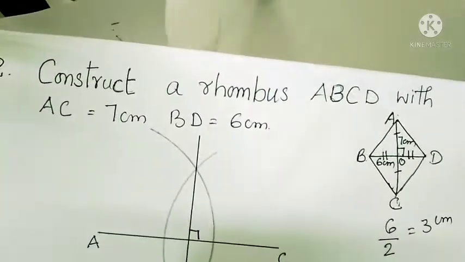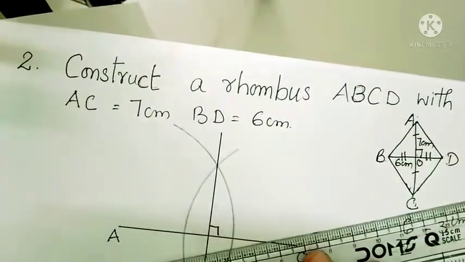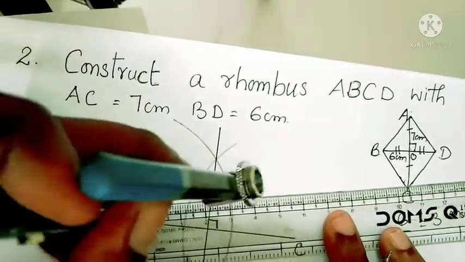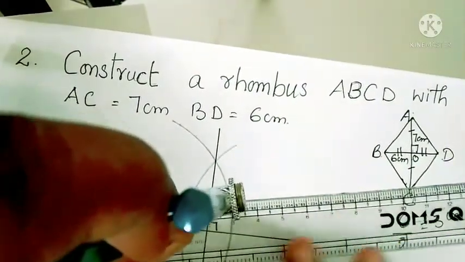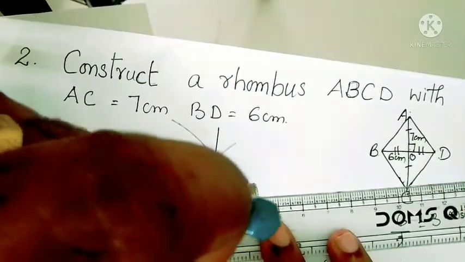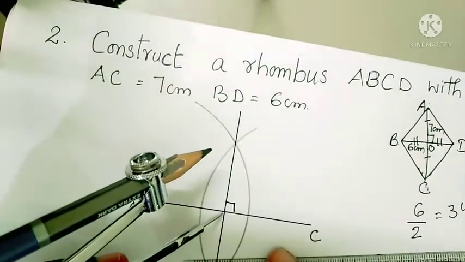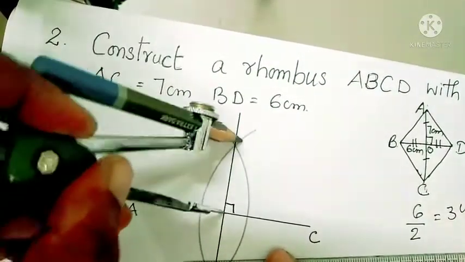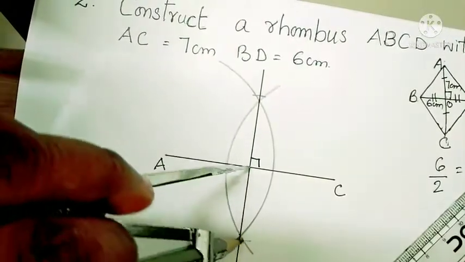Each one will be 3 centimeter. So what we will do? On the scale, take 3 centimeter. First keep on 0 and then on 3. Okay. After that, keep it on the center and then mark one arc, up and down.